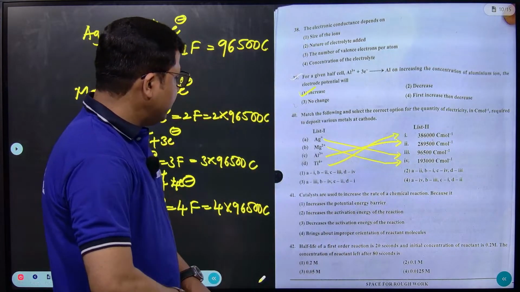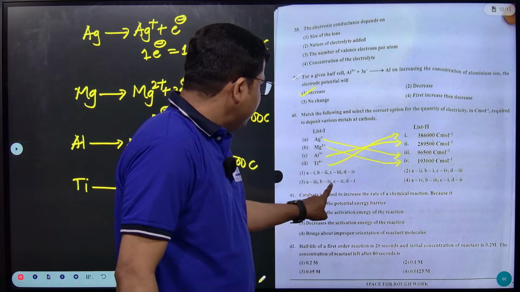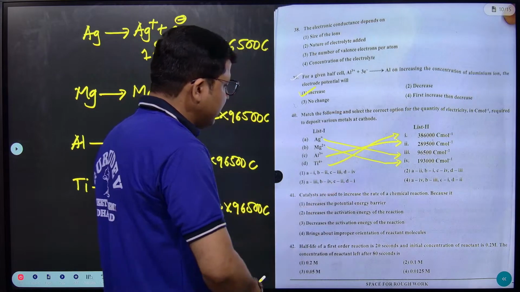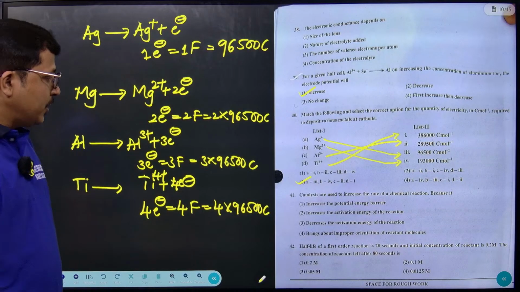So look at here, which option favors this one? A3, B4, C2, D1. The option number 3 is the right answer for question number 40.